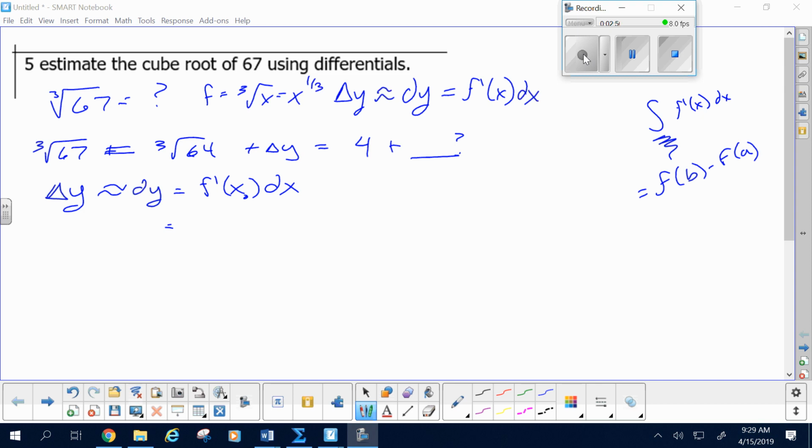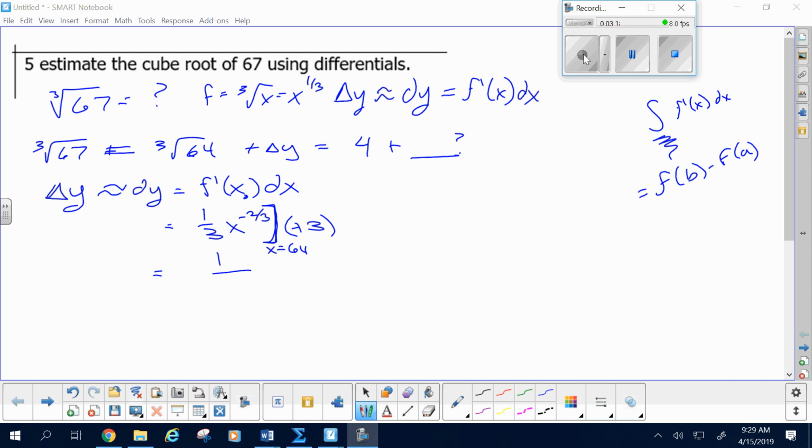So what is f prime? 1/3 x to the negative 2/3. And at what point are we going to find the rate of change? At 4 or 64? At 64. And then dx, or delta x. How much are we going to change x by? 3. Is that a positive 3 or negative 3? Positive 3, because we went from 64 up to 67.